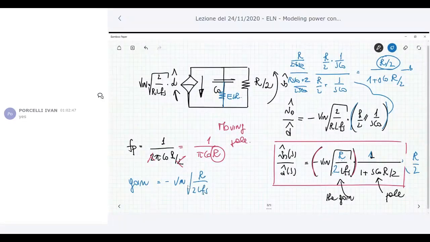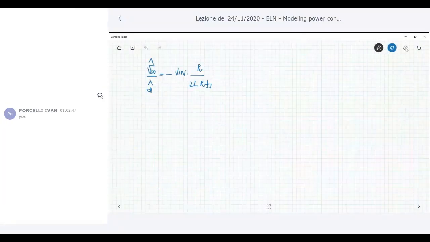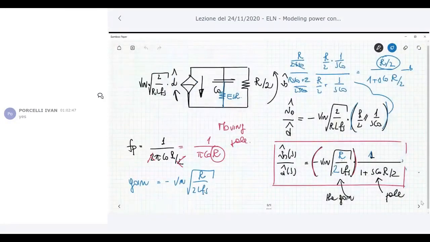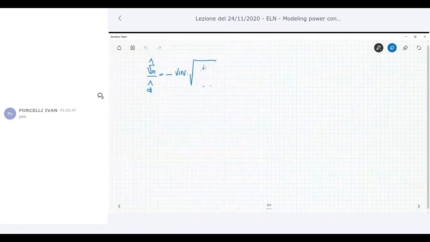This is the gain we have, and then you can cancel out this. I think that the slides are not correct, so I have to correct them. So this is R over 2LFS.